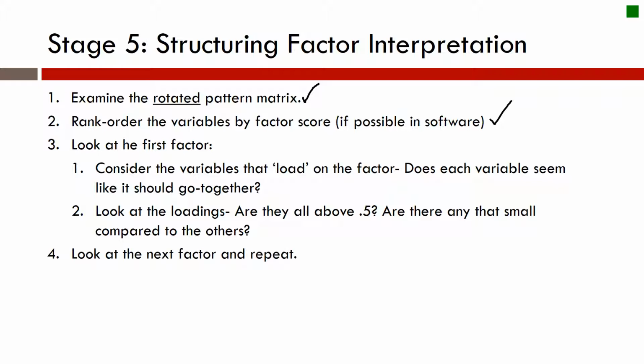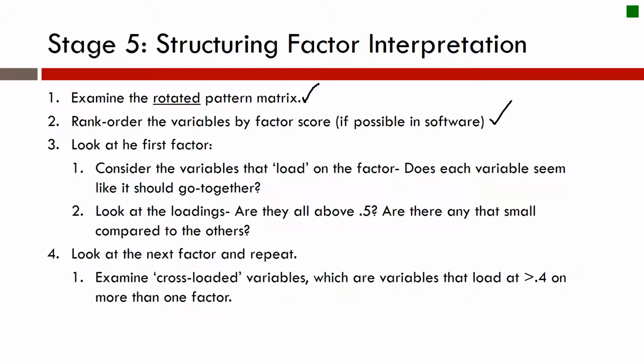Next, we want to go to our next factor, and we want to continue and repeat the process. We want to continue to look at the factor loadings and make sure the variables seem to make sense. The other thing that we want to look for as we begin to look at numerous other factors is something called a cross-loading. In other words, sometimes we'll have variables that will load on two factors at the same time.